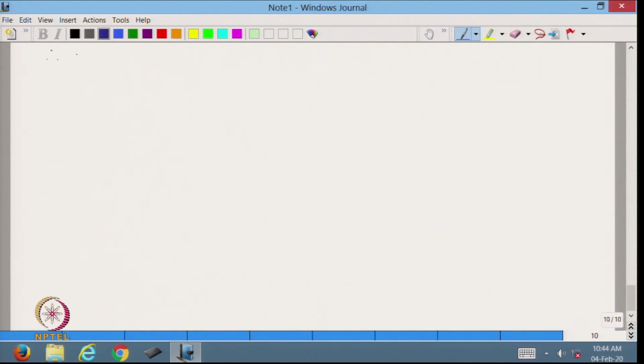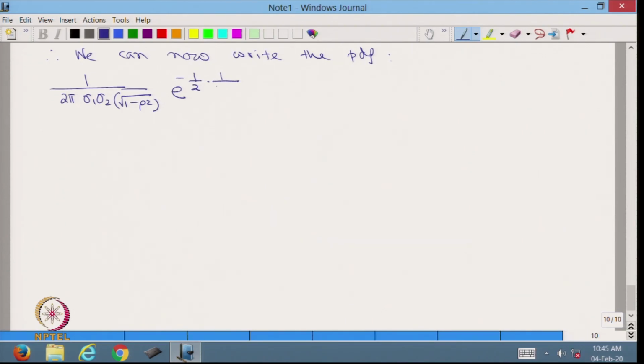Therefore, we can now write the PDF in a very similar way as 1 over 2 pi sigma 1 sigma 2 into root over 1 minus rho square e to the power minus half. Now, we are multiplying it with the power that we have just obtained into 1 minus rho square.